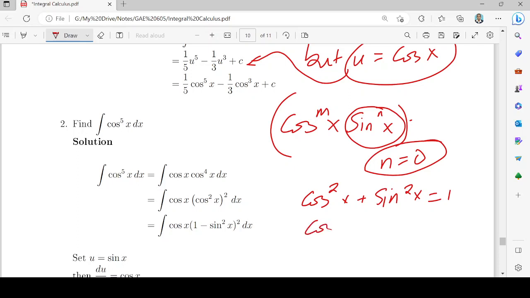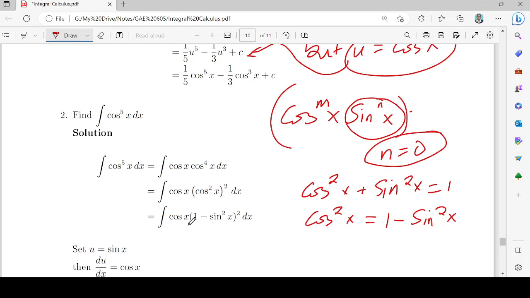Because we have the square of cosine, we are going to make that the subject, which will be 1 minus the square of sine of x. So we replace whatever is inside the brackets here with 1 minus the square of sine of x, and then we can expand this.